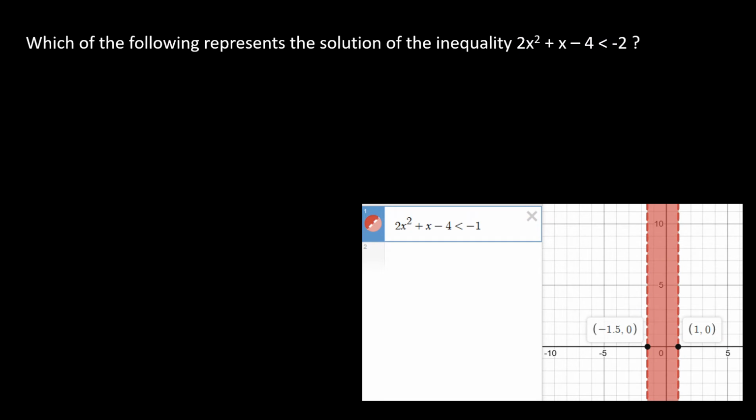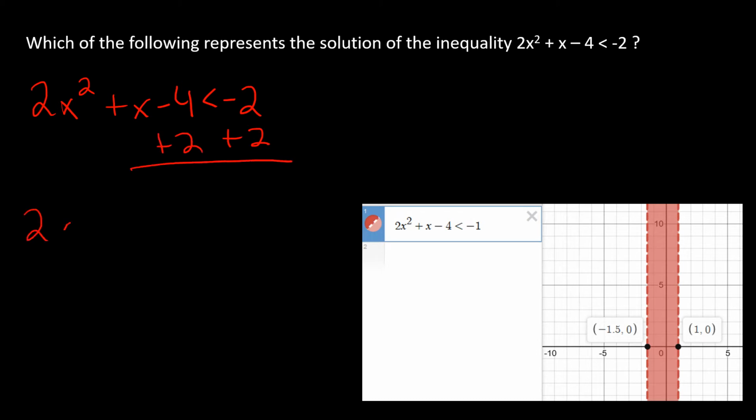So which of the following represents the solution of the inequality 2x squared plus x minus 4 is less than negative 2? Okay, so if we have this question, 2x squared plus x minus 4 is less than negative 2. Okay, what we're able to do here is we can add 2 to both sides.